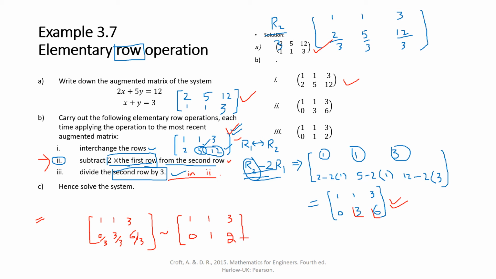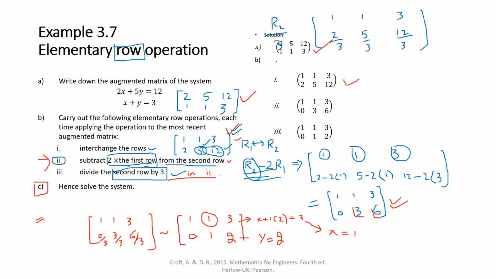So this implies that y equals 2, and this implies that x, because we don't know x here, and now this is y, so plus 1 and y value equals 3, and this gives us x equals 1. I also finished part C because they were asking solutions.